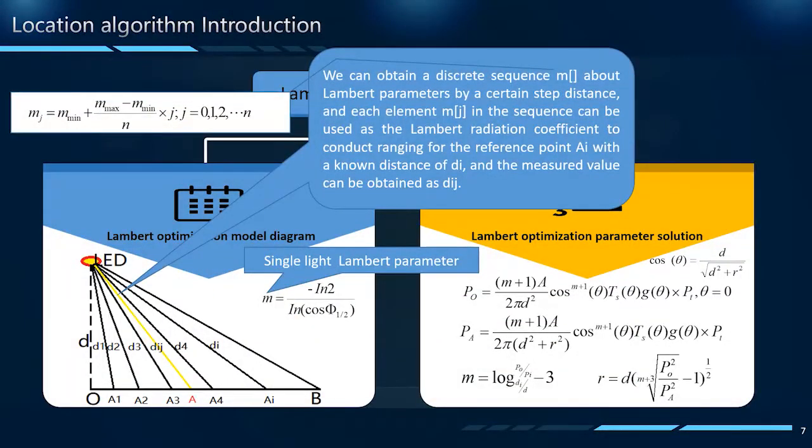By this way, we can obtain a discrete sequence M about Lambert parameters by a certain step distance, and each element mj in the sequence can be used as the Lambert radiation coefficient to conduct ranging for the reference point Ai with a known distance of di, and the measured value can be obtained as dij.